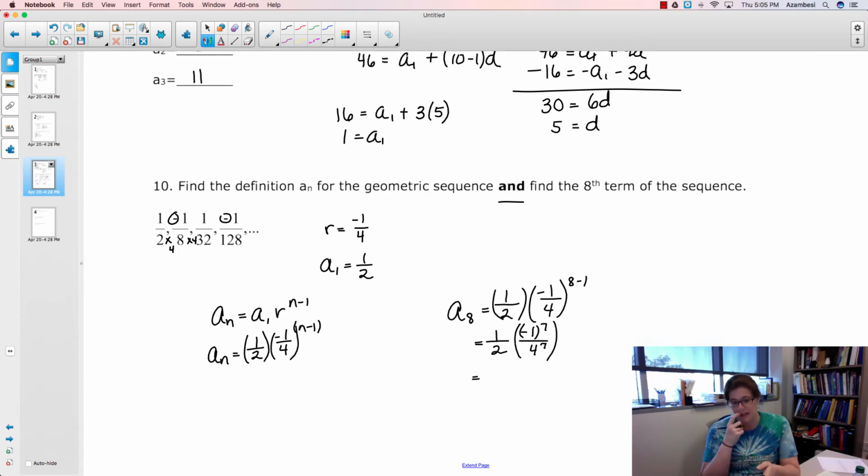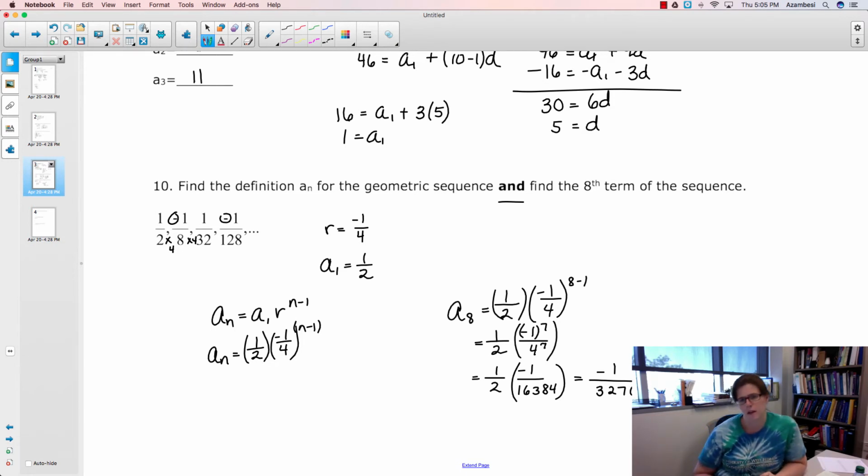And I get 16,384. So 1/2. Negative 1 to the 7th power is an odd power. So I have negative 1 on the top and 16,384 on the bottom. Multiplying it gives me negative 1 over 32,768. It's a big number. Actually, it's a really small number, but big number on the bottom.